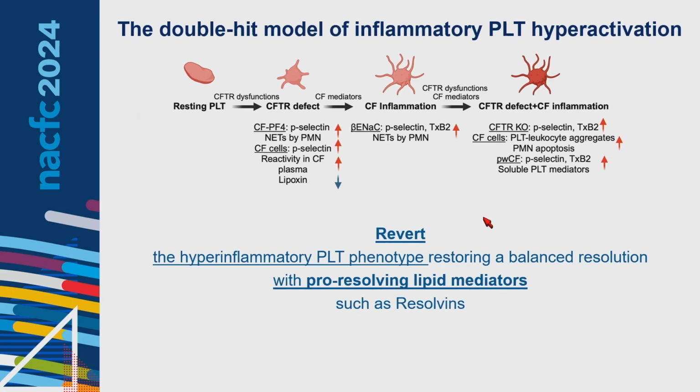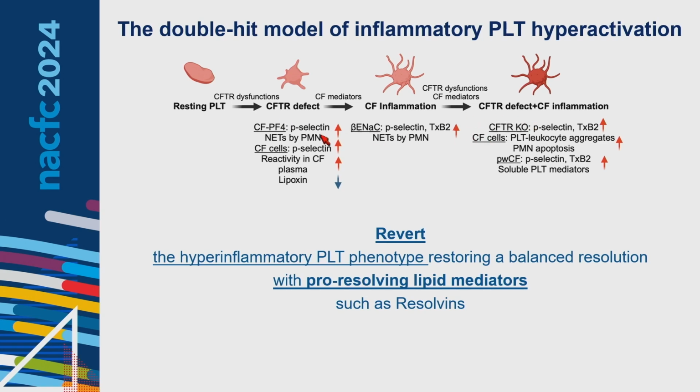So based on these results, we hypothesized that platelets are hyperactive in CF due to both CFTR dysfunction and CF inflammation. And this is our working model, in which we believe that CFTR dysfunction primes platelets to overreact in presence of CF inflammation, to further exacerbate the platelet hyperactivation that finally drives lung pathology.